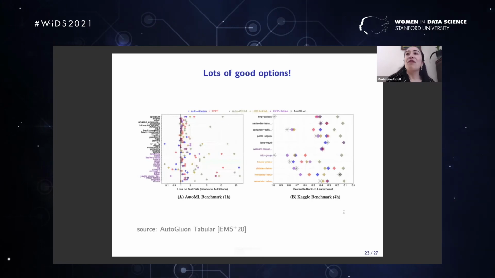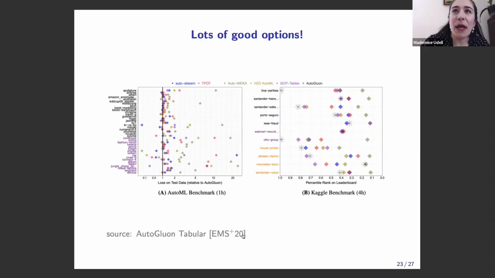Okay, so let me show you, how well do these systems work? This is a figure that comes from the AutoGluon tabular paper. Here on the left, you'll see the performance on a bunch of data sets that together make up an AutoML benchmark. The black line is the performance of AutoGluon on this data set.